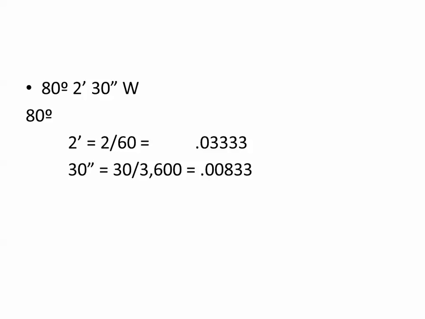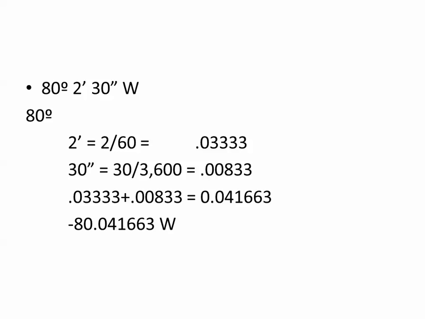Well, now all we have to do is add those two numbers together, and we get 0.041663. Combine that with our degrees, and we get 80.041663. And remember, because it's west, we're going to give it a negative sign, and we're going to maintain that W. Okay, so it is 80 degrees west, or 80.041663 west.